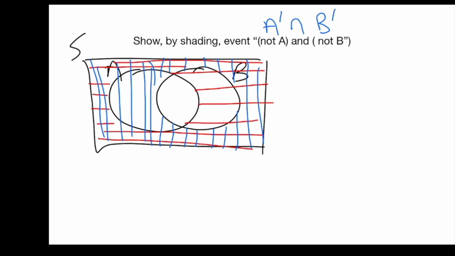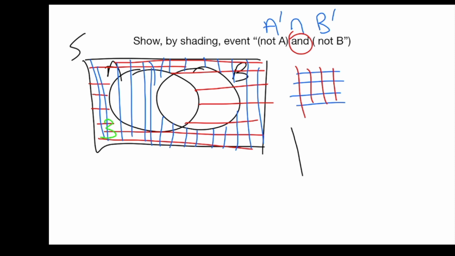We are looking for and. And means intersection, which means common. So we need a region where the blue and the red intersect. Look at that clearly and see what region that is. You will notice the region we are interested in is not inside A, it's not inside B, it's actually outside. I'm going to call that one number 3.